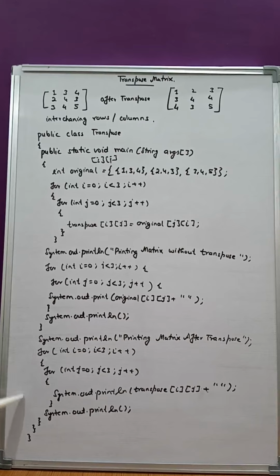So first we did the transpose of the matrix, then we printed the original matrix, and then we printed the transpose that we calculated for the particular matrix. Okay, only this much in this video, where we have discussed the transpose matrix.